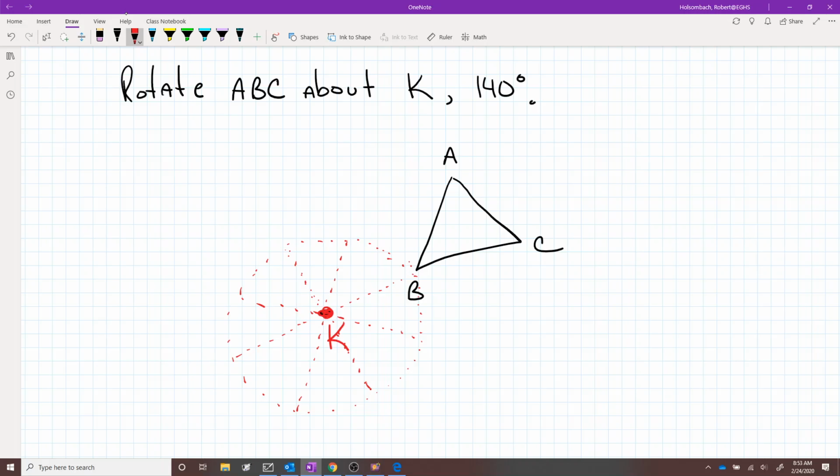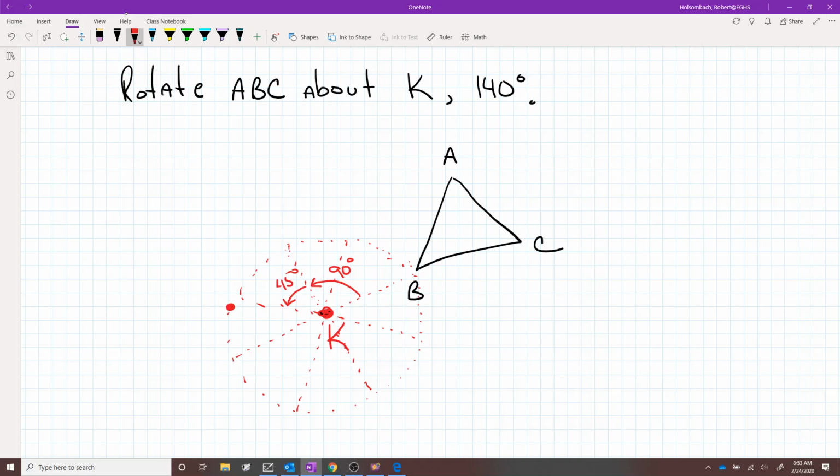So if you rotated point B to right here, it would be 90 degrees. If you went another 45 degrees, now that would be 135 degrees. And they want 140, so they want about right here.